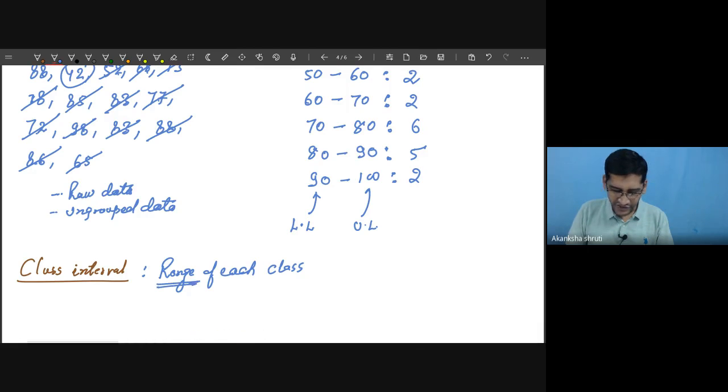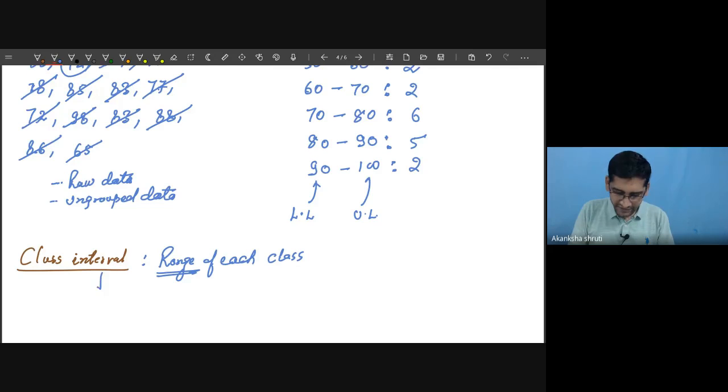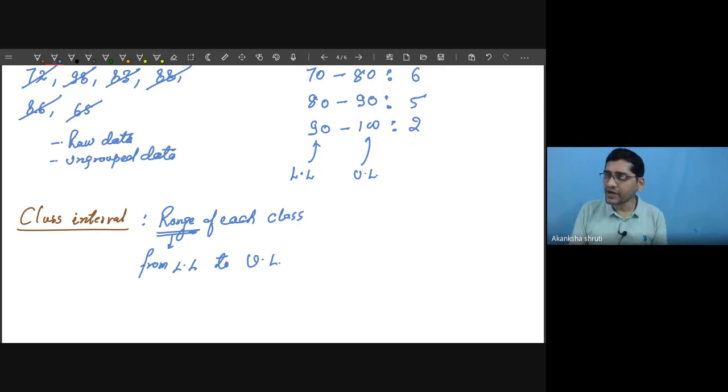Range means the variations. So the class interval has its range from lower limit to upper limit. But the interesting thing is that for counting the number of elements in that class interval, the upper limit is excluded and it is counted in the next one.